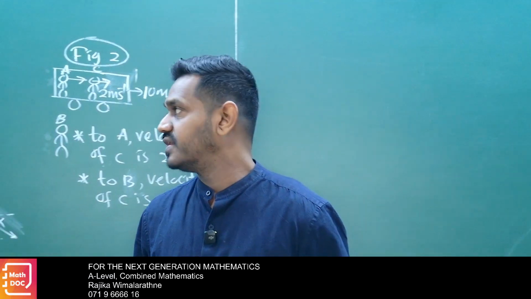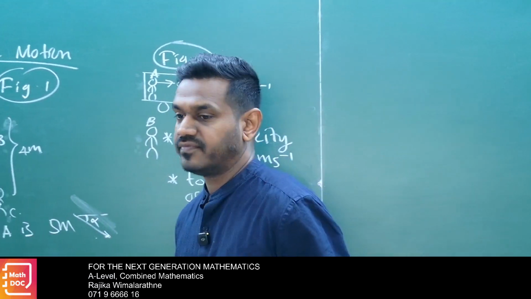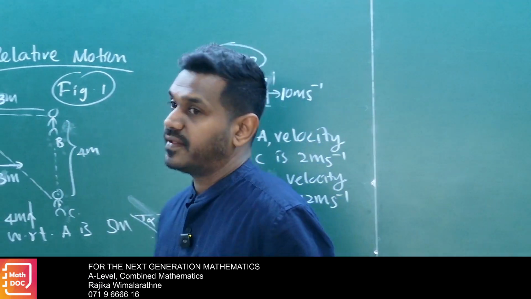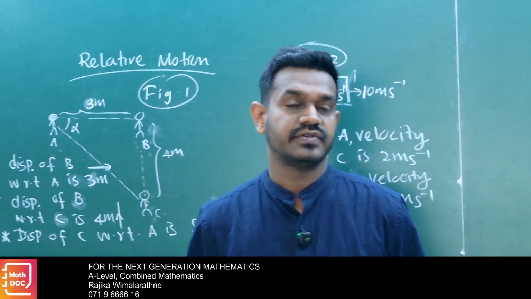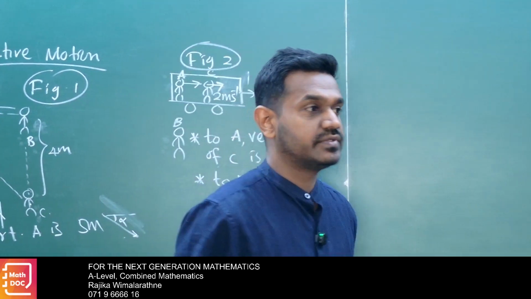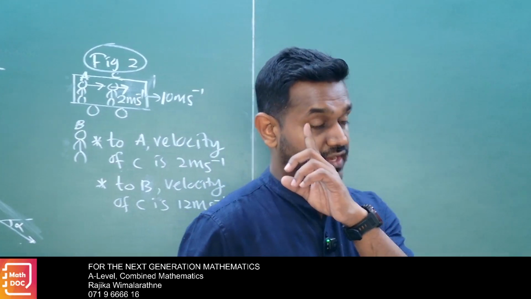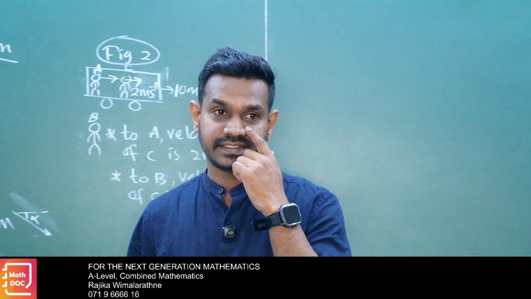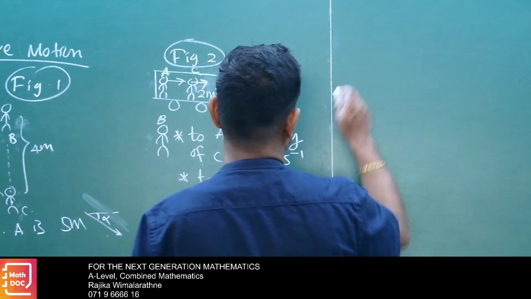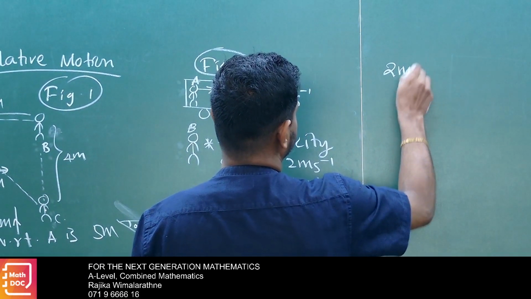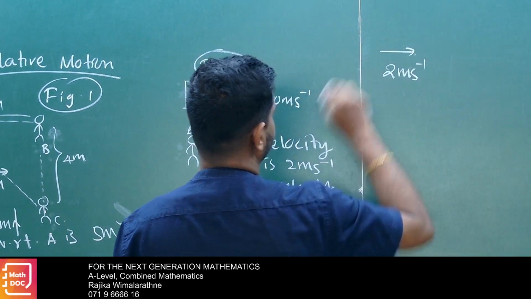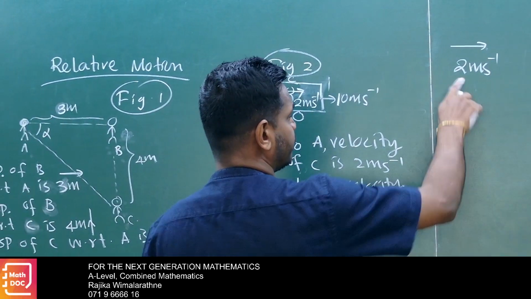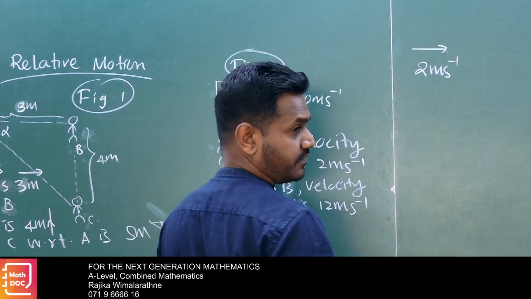Therefore, go to next line, write down. A can observe the velocity of C as 2 meters per second, this way.